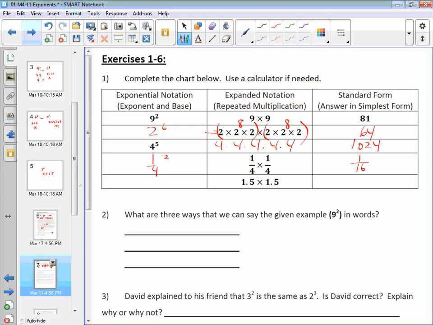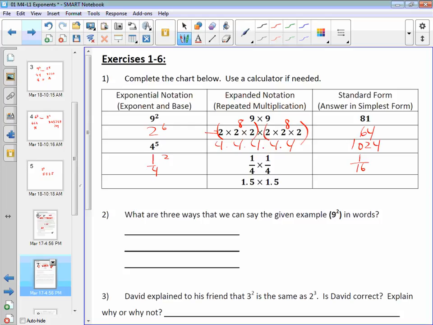I do want to point out one thing. This will help you with the next page. Look at the base in this example. What was the base? 9, right? What was the answer when you multiply it out? Which was larger, the base or the standard form? 81 is larger than 9, agree?